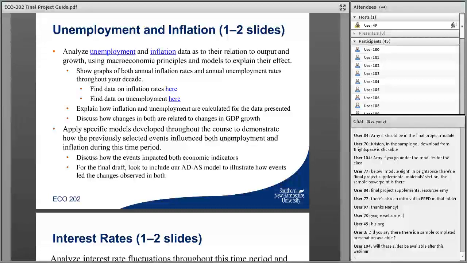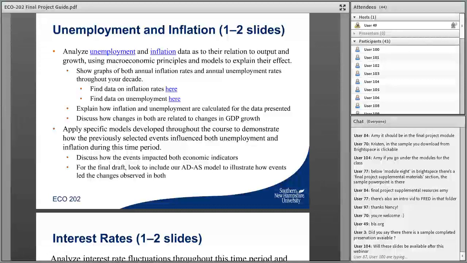At the same time, in the 2000s, when there was the financial collapse and the fall of the housing bubble, it critically reduced jobs in the construction industry. There were no jobs in the finance industry, and so unemployment increased. And so those events affected unemployment and inflation, and you can explain that. So you can use the same events you use for the GDP.